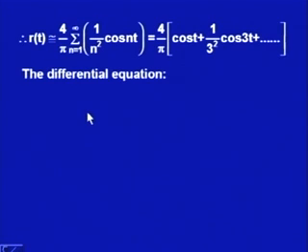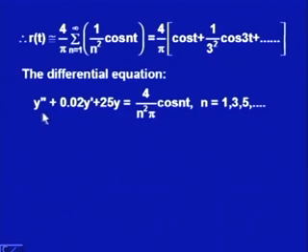Now, solving the differential equation, I will modify our differential equation: y double dash plus 0.02 y dash plus 25 y is equal to 4 upon n square pi cos nt. That is the nth term we have written from here. Our original differential equation was with r(t). Rather than solving it with r(t), now we are solving it with this nth term.